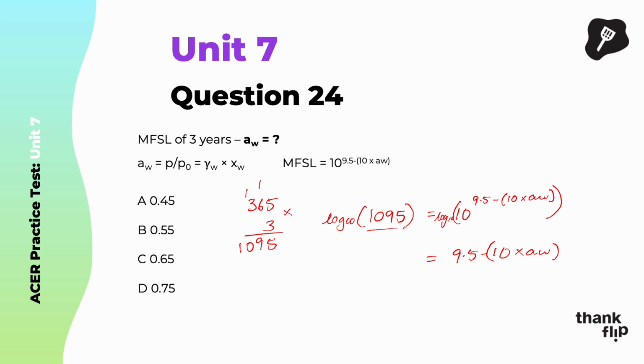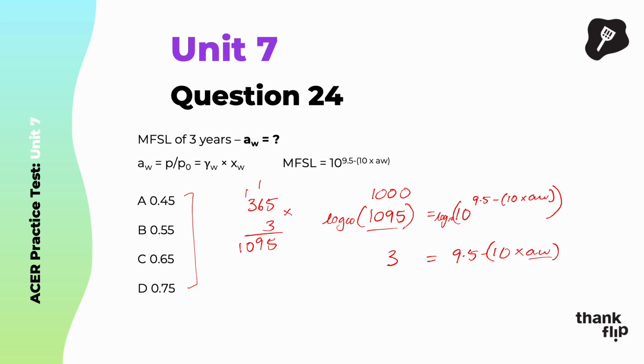But if I look at my answer options here, they vary quite a bit, particularly for AW. So I'm going to take a bit of a risk, and I'm going to round this down to 1,000. All right, and so log 10 of 1,000 would be 3.